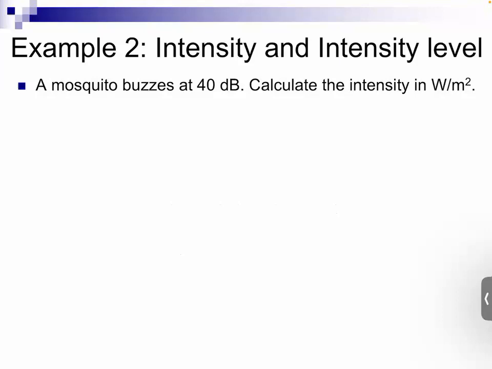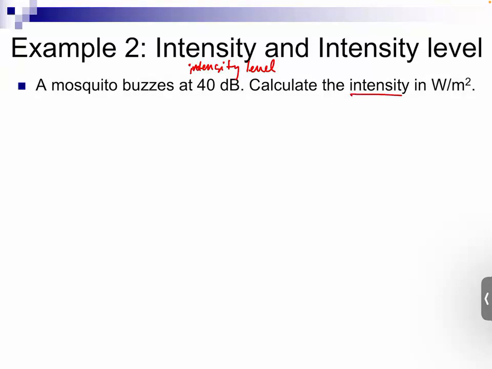Okay, so this example starts with decibels, intensity level. A mosquito buzzes at 40 decibels. This is intensity level. Calculate the intensity in watts per meter squared.